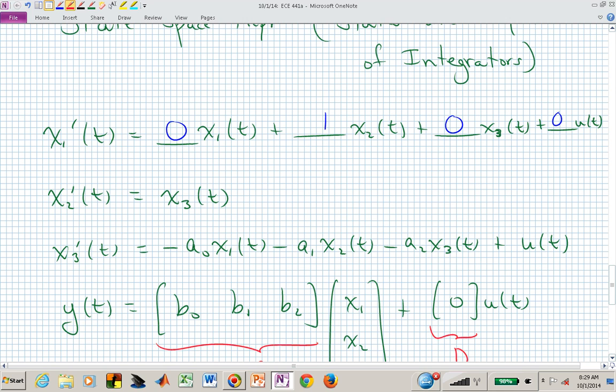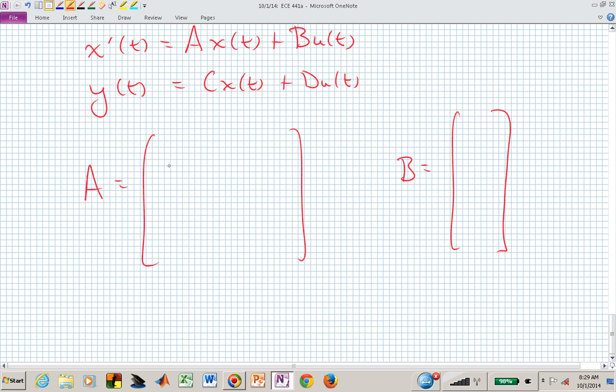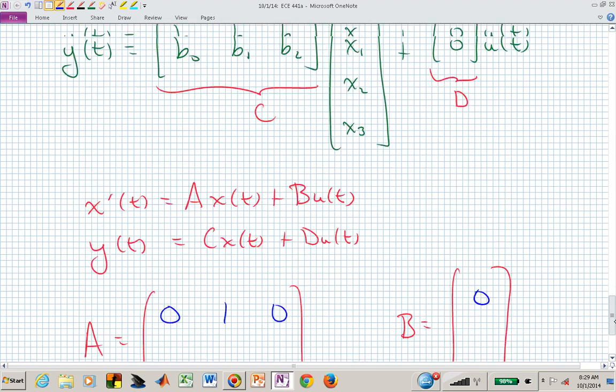I've written it out here in terms of the blues, haven't I? 0, 1, 0, and what's the top entry in my input matrix? 0. I can now complete that, and I can say this is now, as far as the top row, 0, 1, 0, 0. What about the second row of the A matrix?